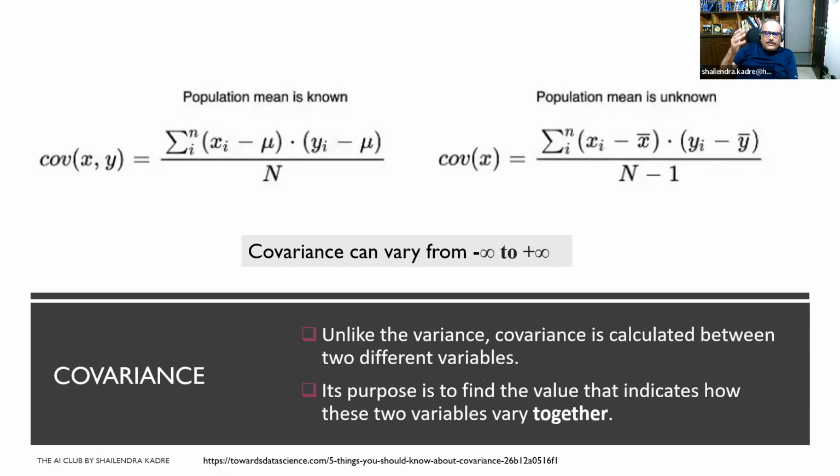Suppose you are measuring ice cream sales in rupees and temperature in degree centigrade. Remember, now listen to me. Ice cream sale I am measuring in Indian rupees and temperature in centigrade. Now I am talking about the US. US people don't use centigrade.